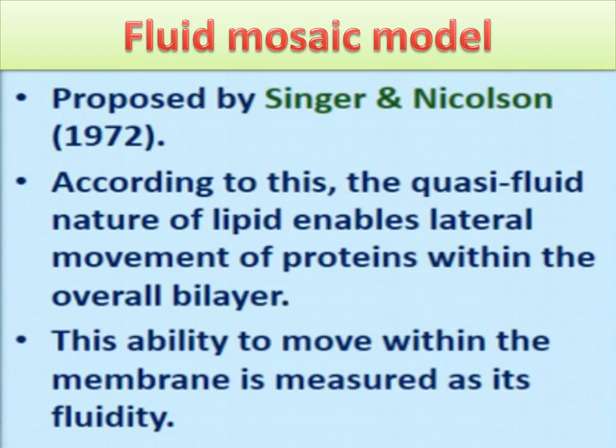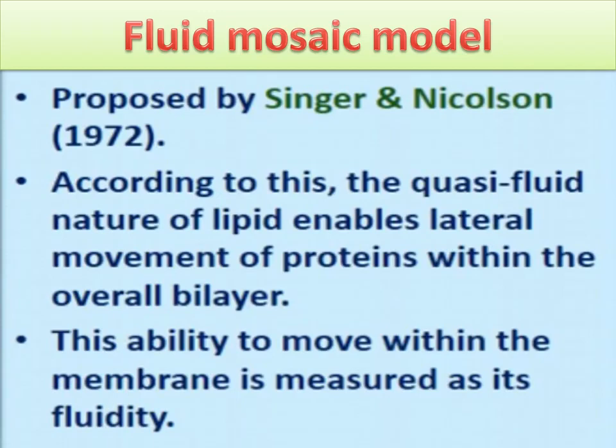According to this model, the quasi-fluid nature of lipid enables lateral movement of proteins within the overall bilayer, because in the plasma membrane a bilayer of lipid is present, and these lipids are fluid in nature. Due to which lateral movement of proteins is possible within the bilayer.